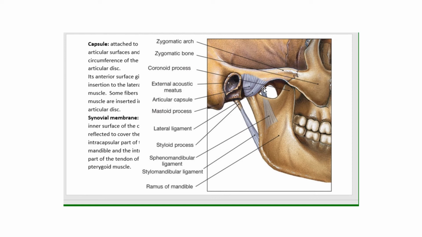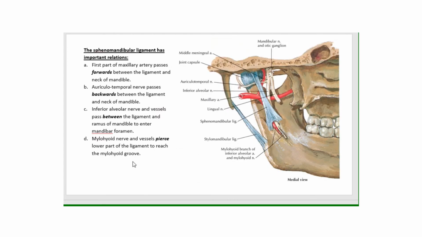This is the sphenomandibular ligament, and outside is the lateral temporomandibular ligament. The capsule is lined by the synovial membrane. This is the stylomandibular ligament, and we see the pterygomandibular raphe.